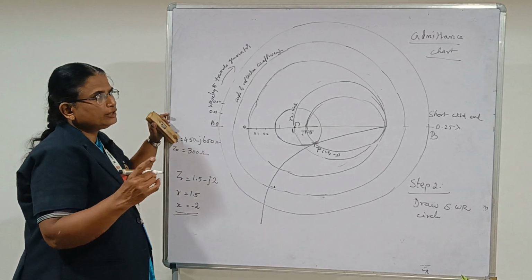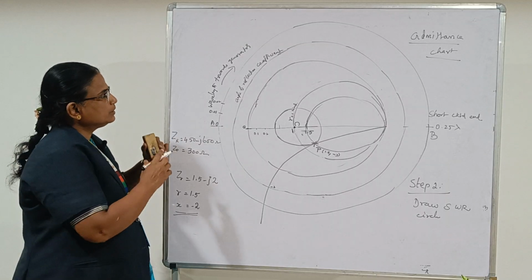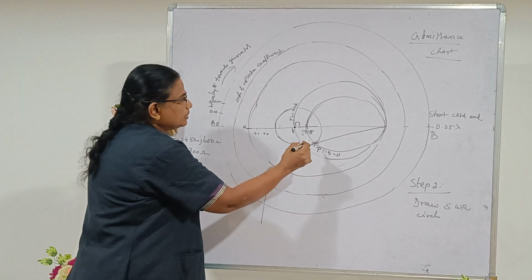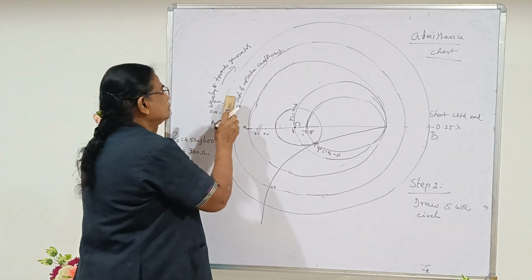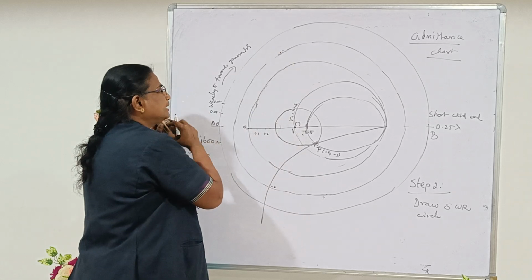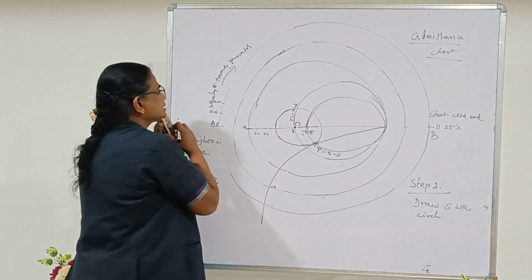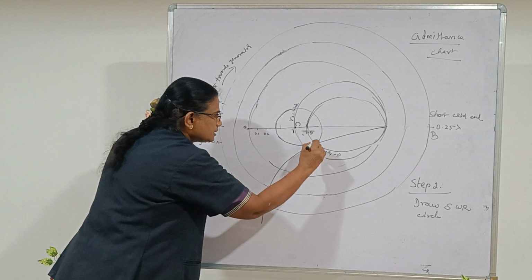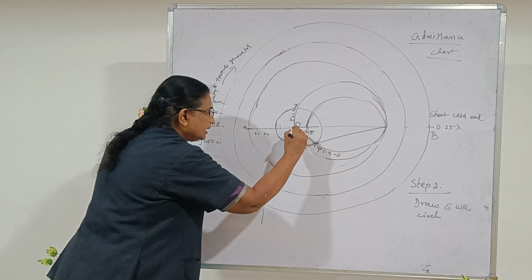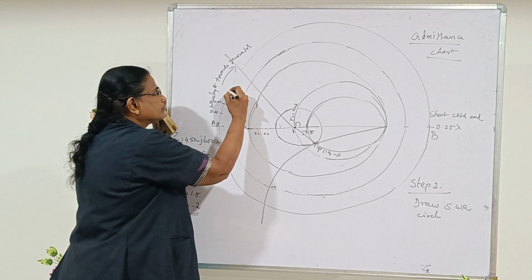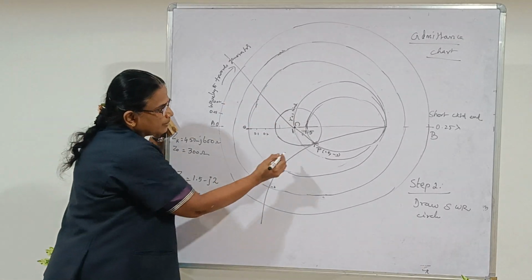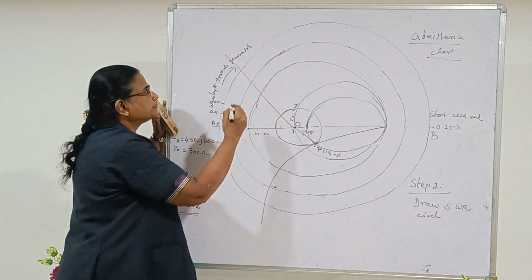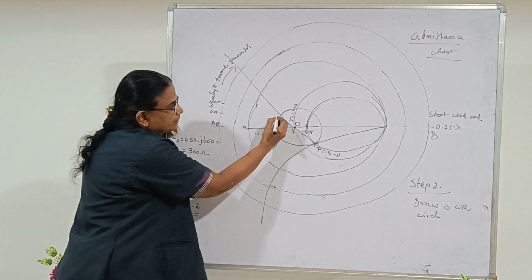Now we need to use the chart as an admittance chart. So we have to convert the normalized impedance into an admittance. What do we have to do? You find the diametrically opposite point of this normalized load impedance. For that, join this point P with the center O and extend it.